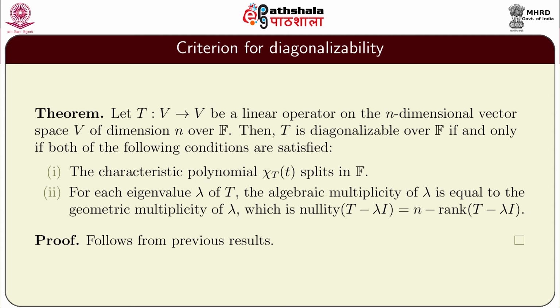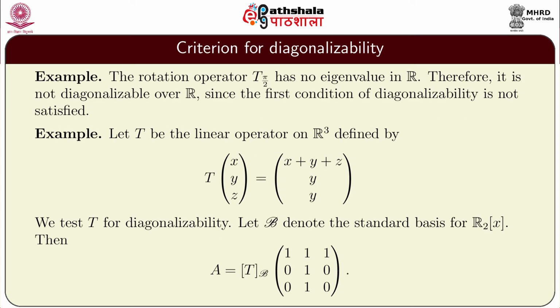And what is nullity of T minus lambda I? That is precisely the dimension of the eigenspace of lambda, and we know the nullity of T minus lambda I is n minus rank of T minus lambda I by the rank nullity theorem.